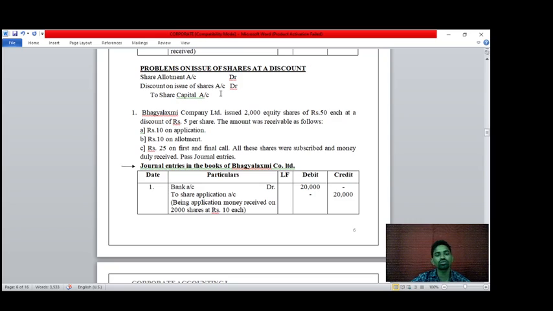Whatever format was given earlier, all the entries we pass in the same way, but if a discount is there, only this one transaction is recorded like this. Now we will see the problems on the issue of shares at discount.